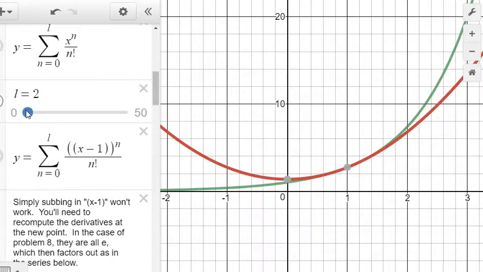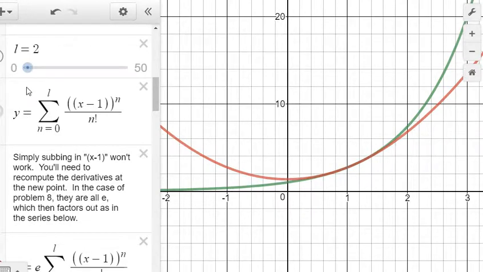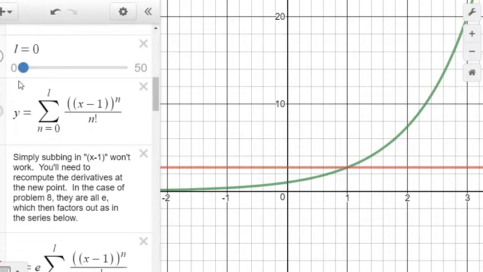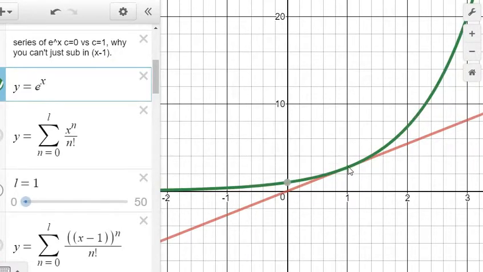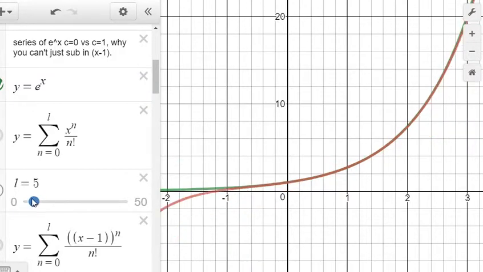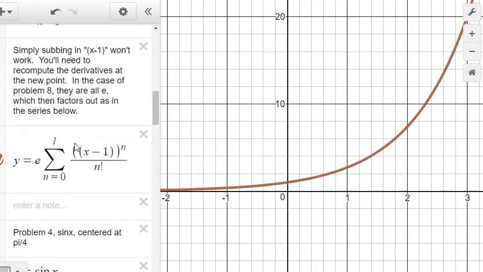If we increase the number of terms in the series, we should get more and more convergence at a wider and wider range around 1. But notice where the convergence starts. It starts right there at x equals 1. That's where the convergence starts, and then it builds from there. So the interval of convergence kind of radiates outward and increases as you increase the number of terms in this series.